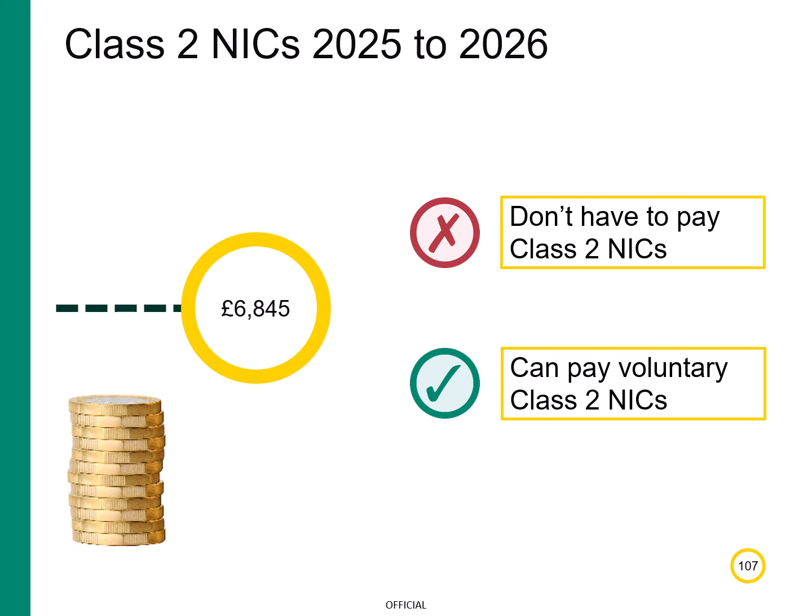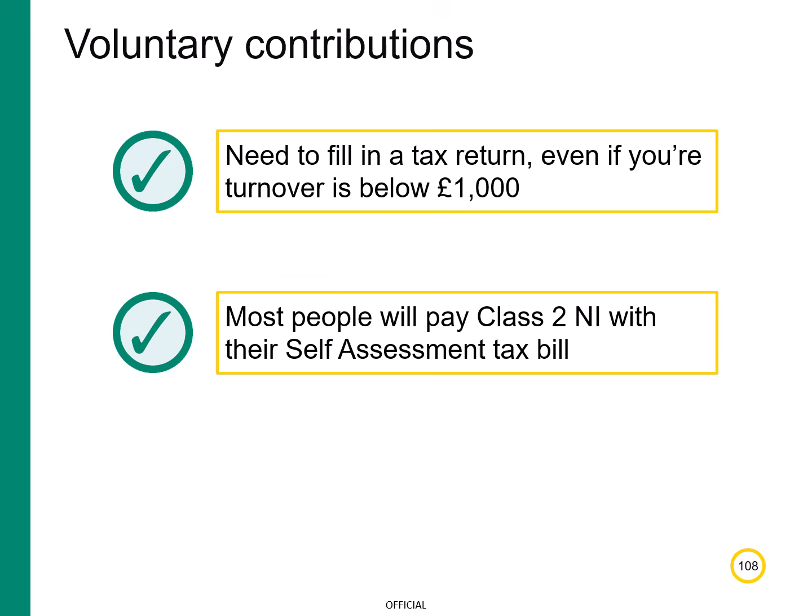If your taxable profits for the year 2025 to 2026 are less than the small profits threshold, £6,845, or you made a loss, you don't have to pay Class 2 NICs. However, you can choose to pay voluntary Class 2 NICs to protect your entitlement to state pension and certain benefits.